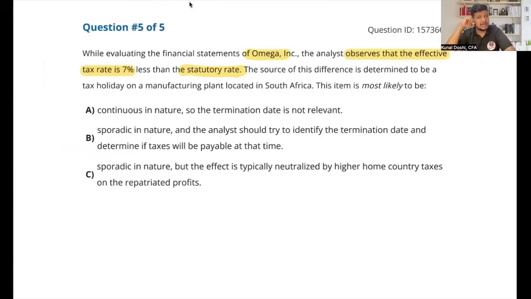It's generally a permanent difference, right? But they said the source of this difference is determined to be a tax holiday. It's not a forever tax exemption. It's a tax holiday, which is temporary, on a manufacturing plant located in South Africa.